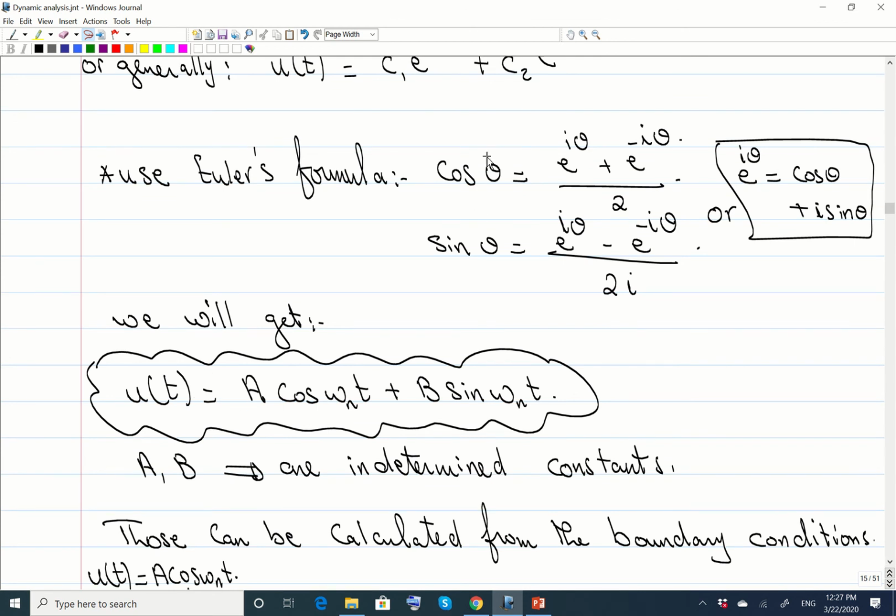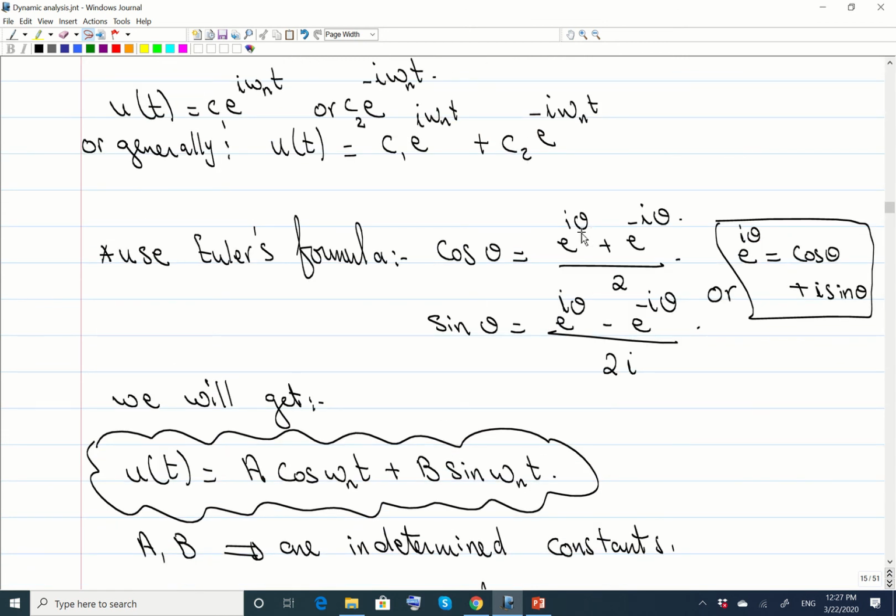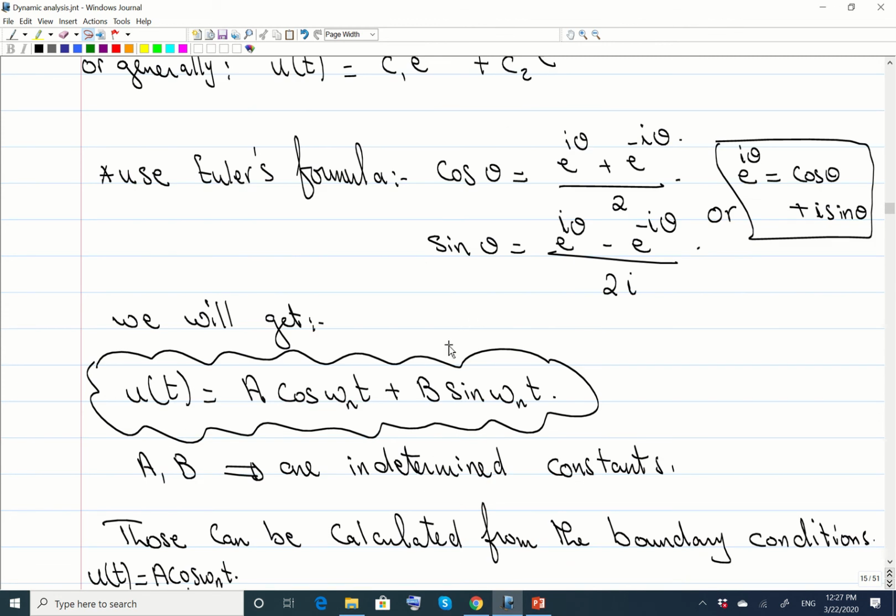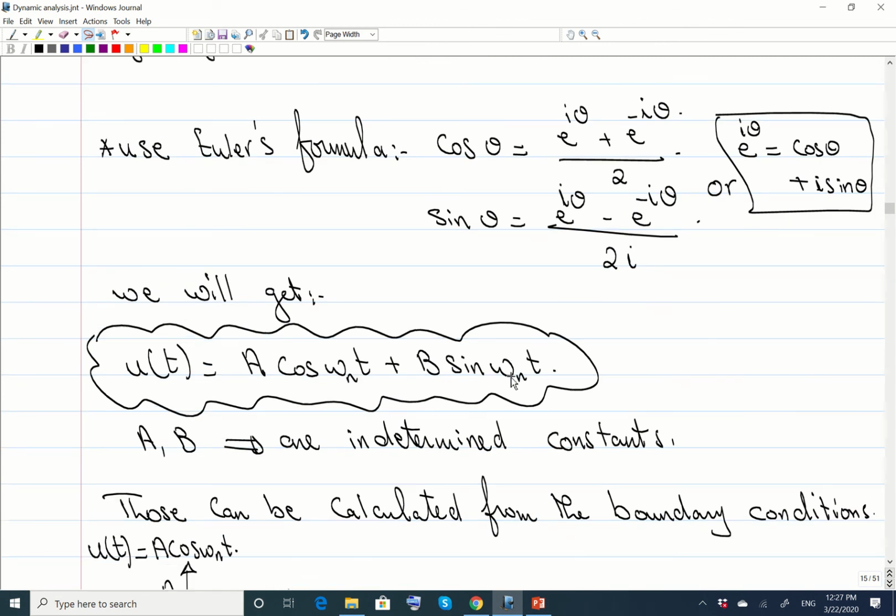you can substitute this with cosine and sine, so u of t will have two new constants: a cosine omega n t, as you see here, cosine theta and i sine theta, so cosine omega n t, and b sine omega n t. So this is the displacement as function of time. It's a cosine omega n t plus b sine omega n t.